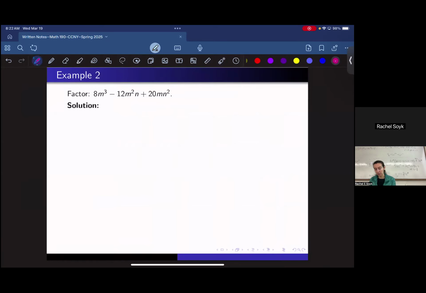So now let's take a look at our example 2. We are asked to factor this trinomial. So first, can we pull out a GCF? Yes, we can.